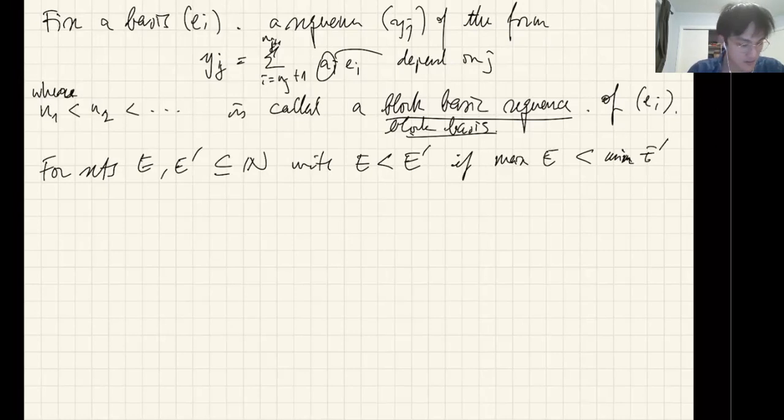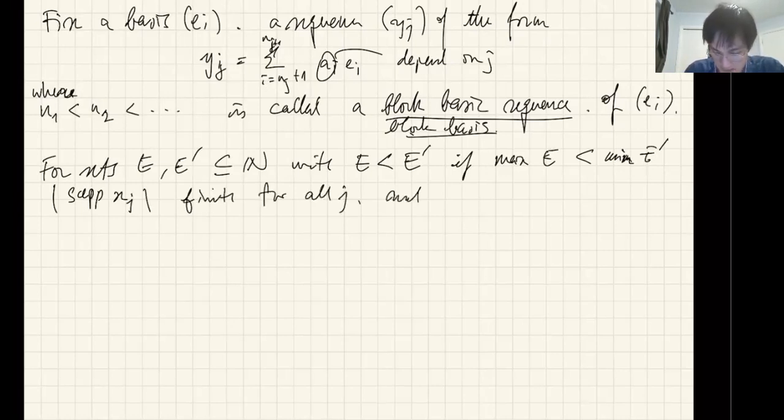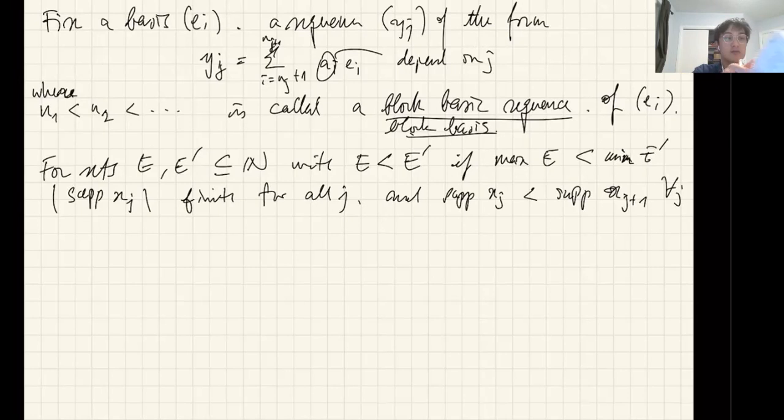And so, if we let the support of X be denoted support, then a block basic sequence just has support of Xj finite for all j, and the support of Xj is less than the support of Xj+1 for all j. Okay, so that's just a way of saying what I drew earlier. We're going to use that later.